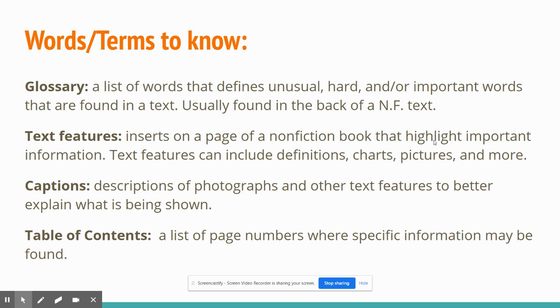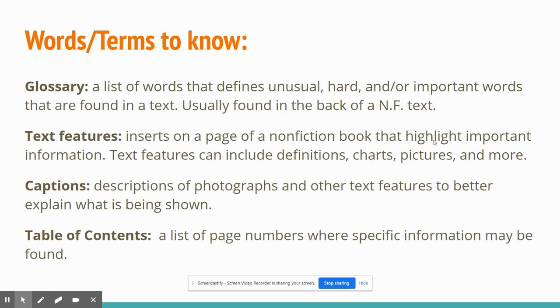Usually they're found in the back of a nonfiction text. It's like a miniature dictionary of words and their meanings, right? Their definitions that relate to the topic. So in our coral reef book, our glossary words are all going to relate to coral reefs.